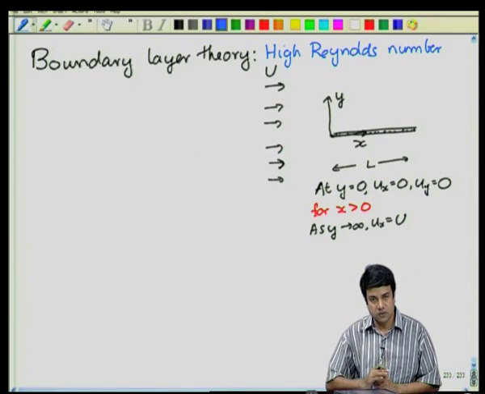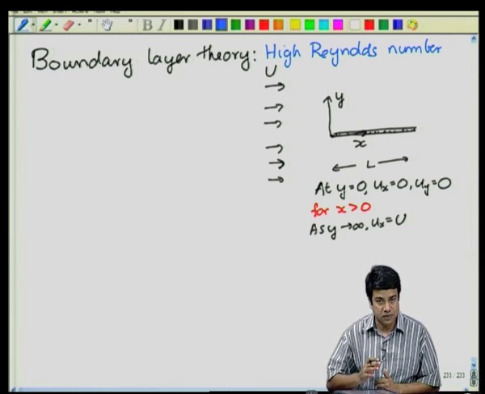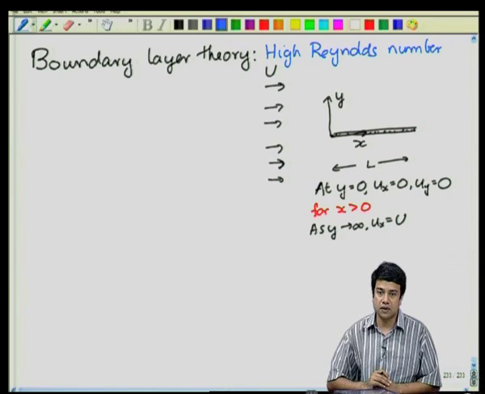So, the fluid is being swept past this plate at high velocity. Fluid that is at x less than 0 has not encountered the plate as yet, because it is being swept past at high velocity.